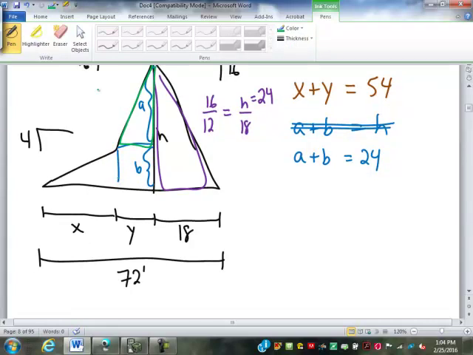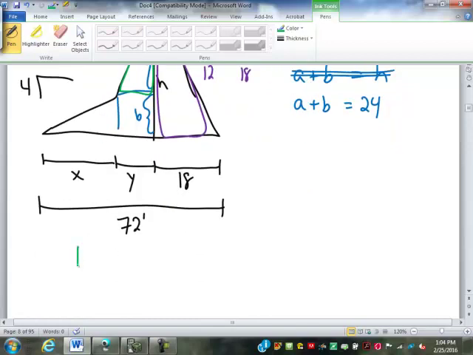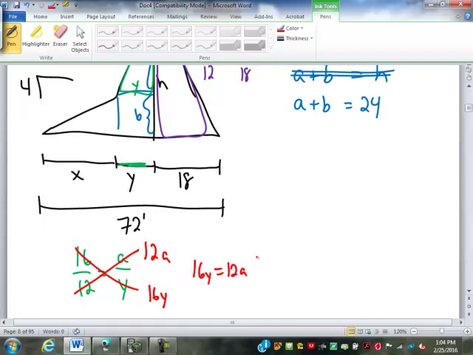So let's look at that green triangle there. It has a 16, 12 slope. 16 over 12 equals A over Y. Right? Y is the bottom down here. This is Y here, from here. So we cross multiply. 16 times Y is 16Y. 12 times A is 12A. 16Y equals 12A.